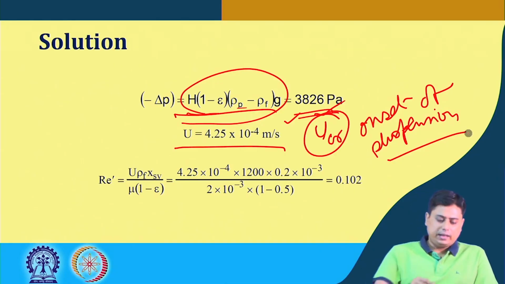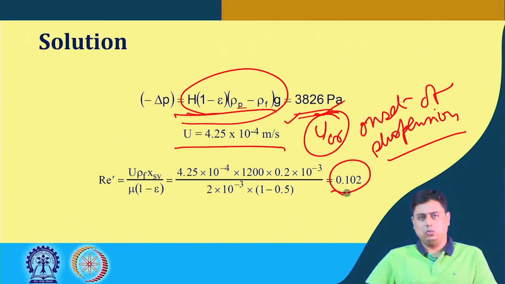So, we see that the particle Reynolds number in this case, as we have known this definition, is 0.102, which means our assumption of applying only the laminar condition is valid, or the Reynolds number until this point is well within the range of the application of the Kozeny-Carman equation or the first part of the Ergun equation, the viscous part.